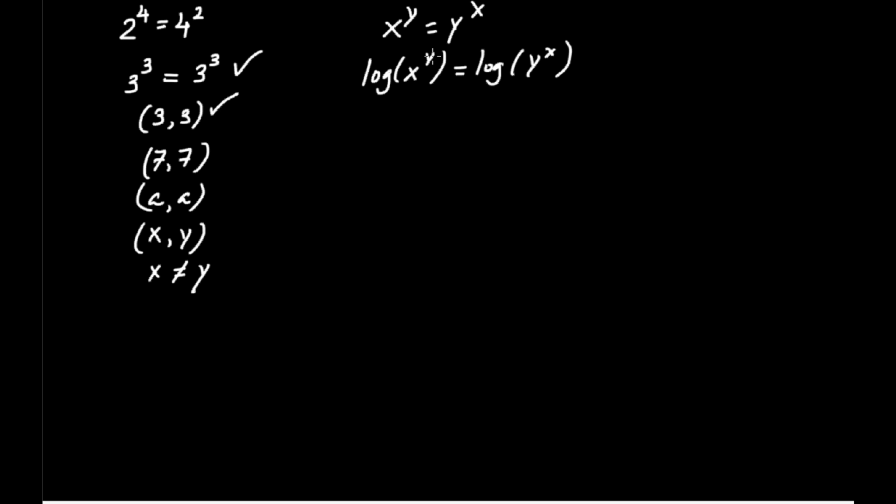And I use that power rule of logarithms, that y is going to come out front. So I'm going to have y times the logarithm of x. And I use the power rule on the right-hand side, so I get x times log y. And by the way, this log could be base 10, could be base e, could be base 7, could be whatever you would like it to be.